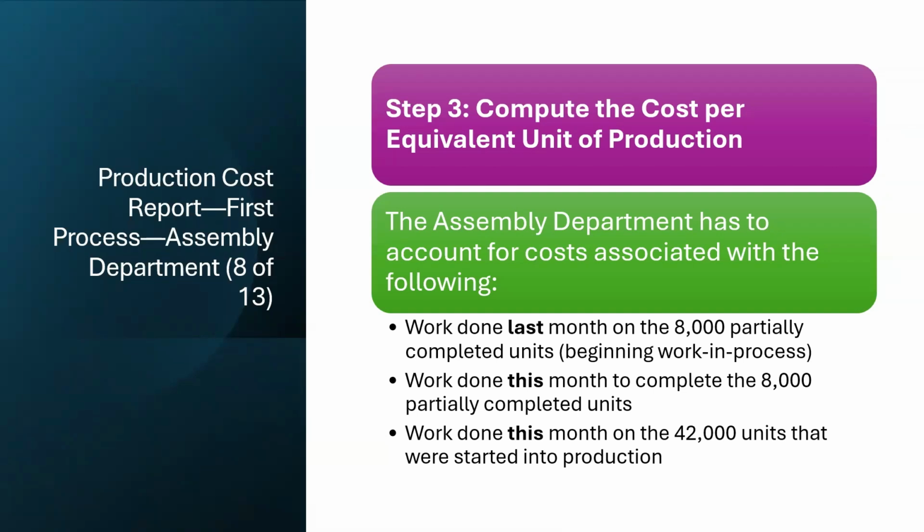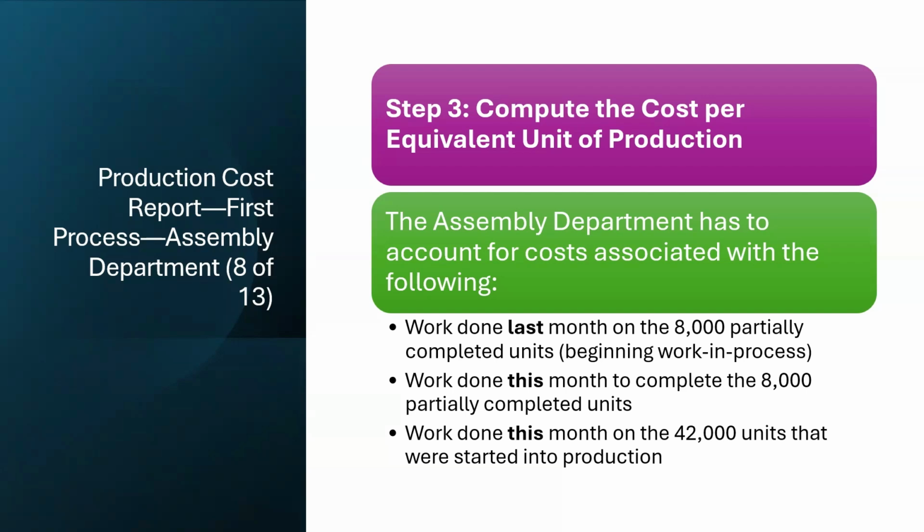Step 3, compute the cost per equivalent unit of production. So the assembly department has to account for costs associated with the following. You have work done last month on 1,000 partially completed units, which is the beginning work in process.